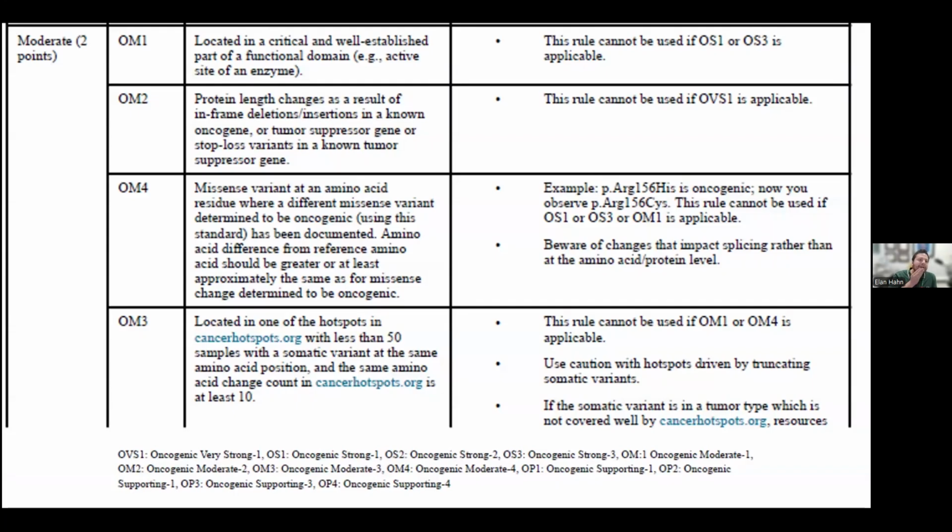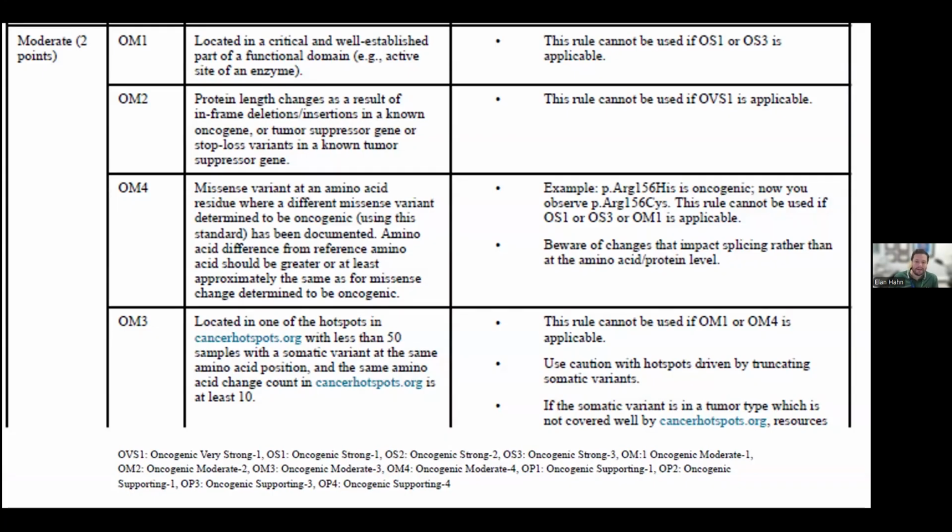So OM1 would be that it's located in a critical and well-established part of a functional domain. And we spoke about hotspots on the previous slide, and it brings up a point that some of these criteria may have potential overlap, which could lead to double counting. So there are explicit exclusions specified here in this table.